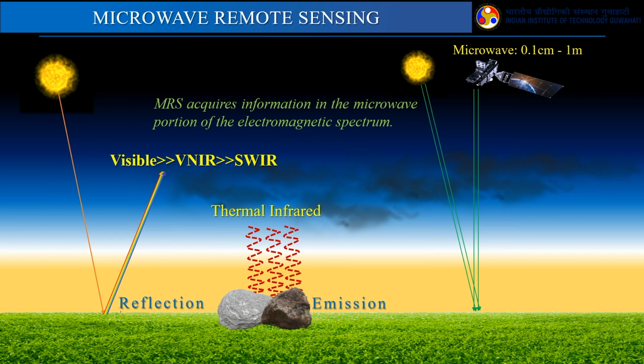So, you remember this slide where we have mentioned different domains of remote sensing, the reflection, emission and then microwave, right. So, here what do we measure? Here we measure the back scattered energy.